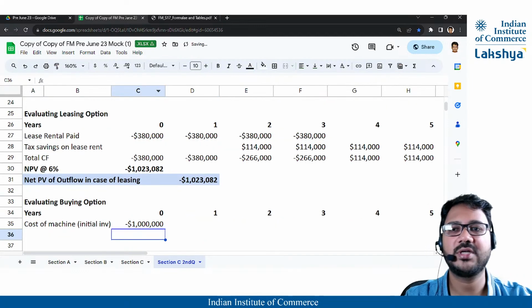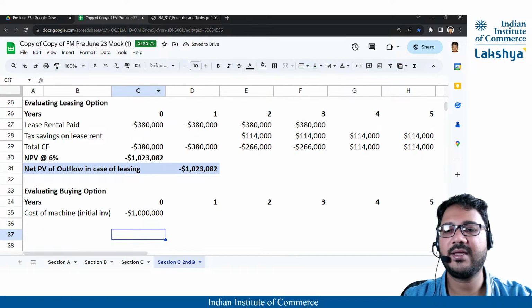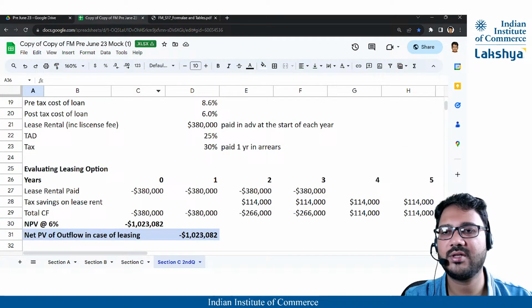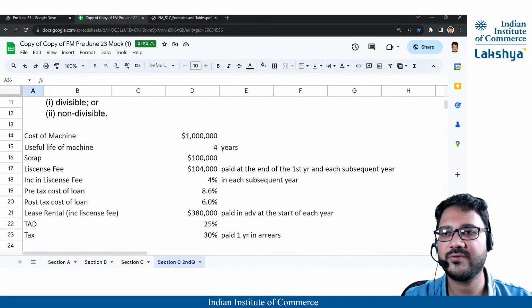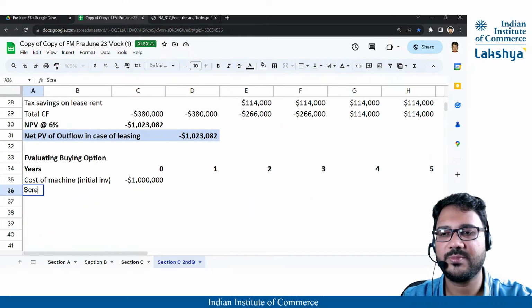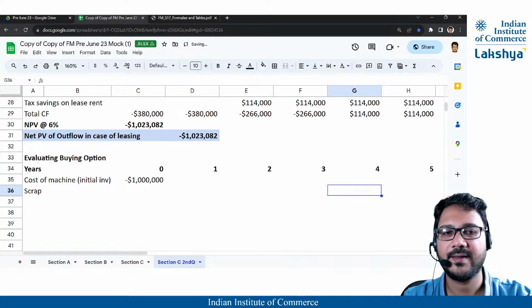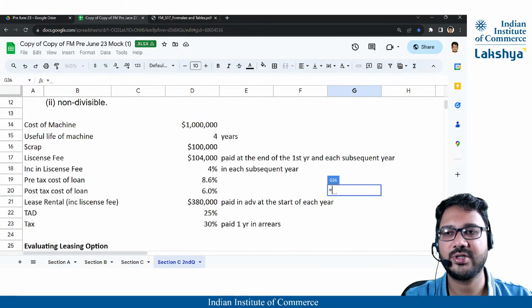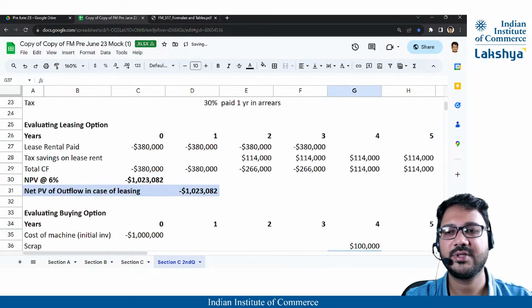Okay, $1 million out. And then this machinery, you have taken care of the cost of machinery. Useful life is 4 years. Scrap value is $100,000, so scrap at the end of the 4-year project, $100,000.